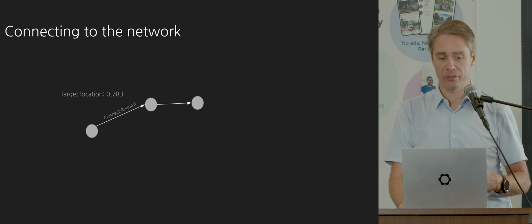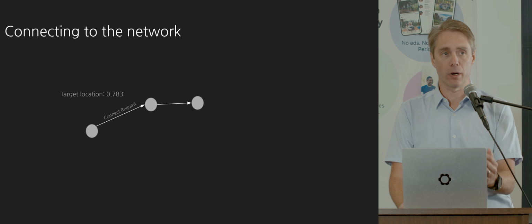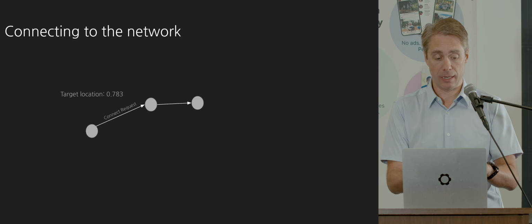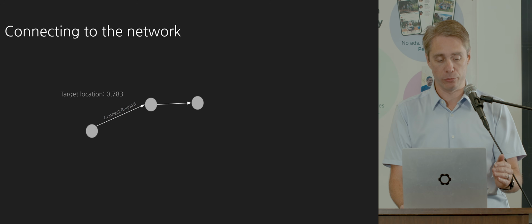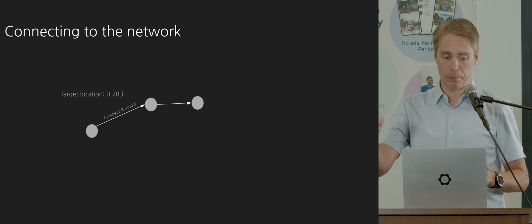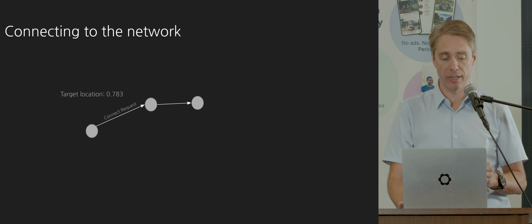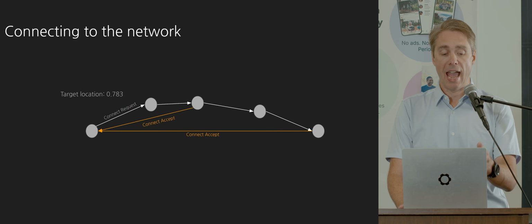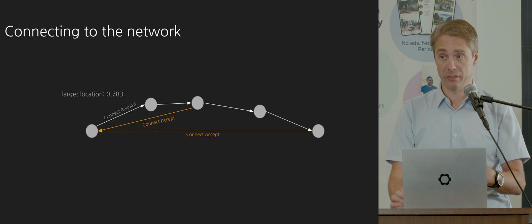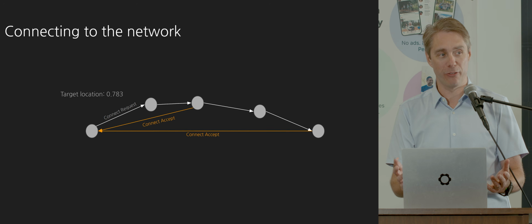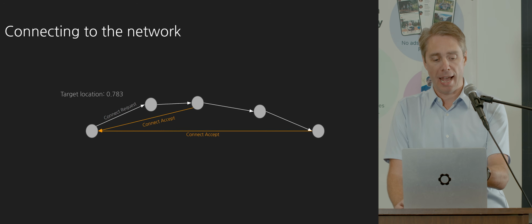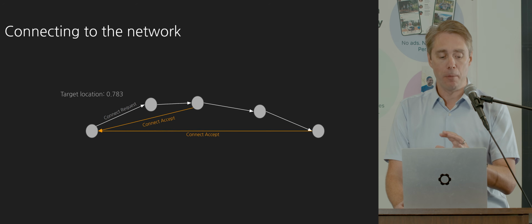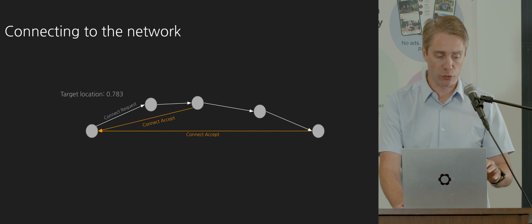But the connect request is routed through the network in much the same way that a data retrieval request is routed. It's routed towards the peer that's closest to the target location at each hop, and it will route through several peers. And then some of those peers will decide, yes, I would like to be friends with this new peer. And so they each establish a connection back to the original peer that's joining the network.